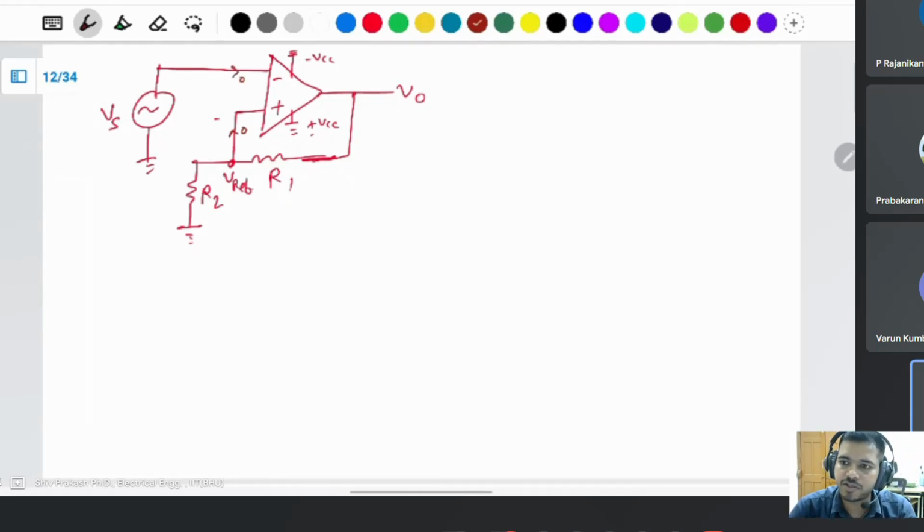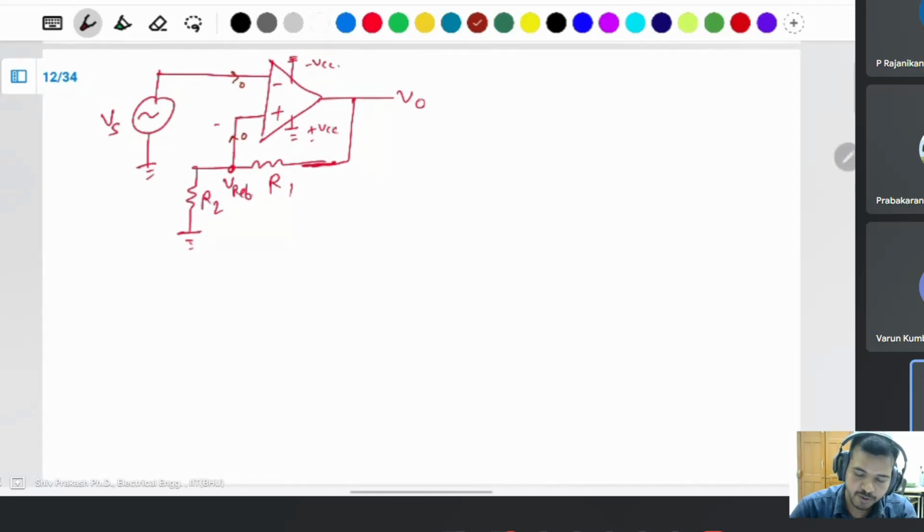It will operate between plus VCC and minus VCC, like a voltage measurement from the positive to the negative terminal. If the positive terminal is higher, the output is plus VCC. If the negative terminal is higher, the output is minus VCC. A simple case: it compares between them.